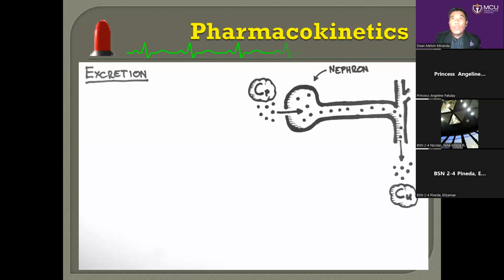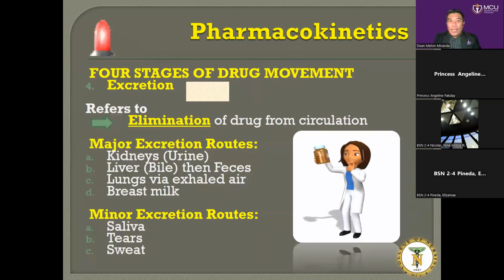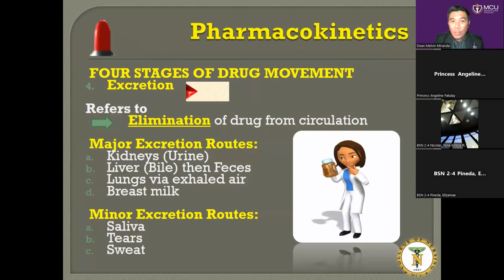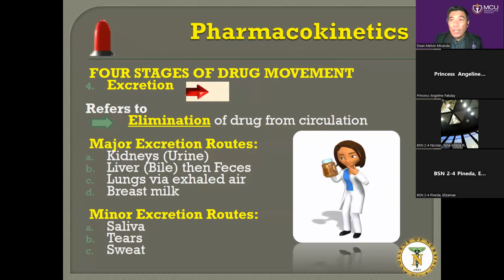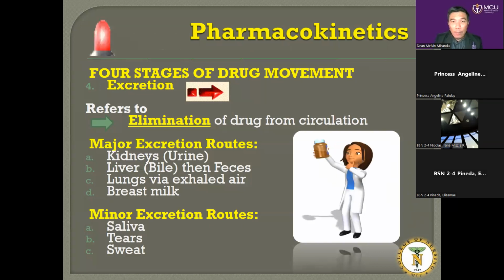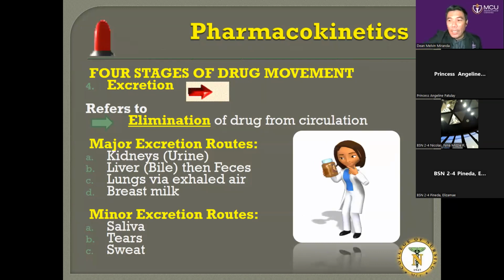Now, what are the major routes of excretion or elimination of drugs? The major excretion routes are the following. It could be kidneys through the urine, liver or bile, which may appear through feces, lungs via exhalation of air, and yung breast milk.